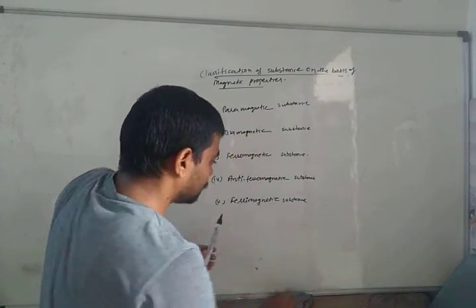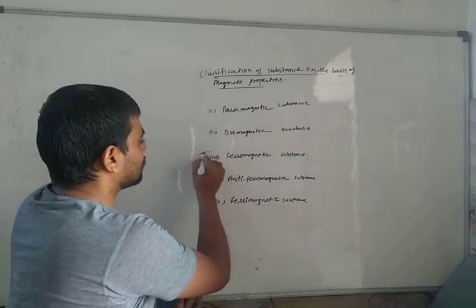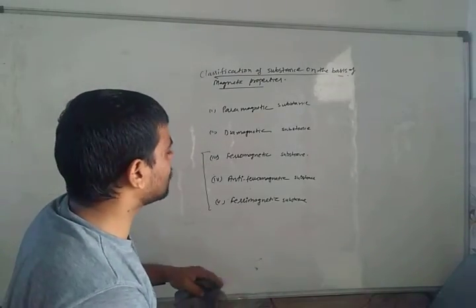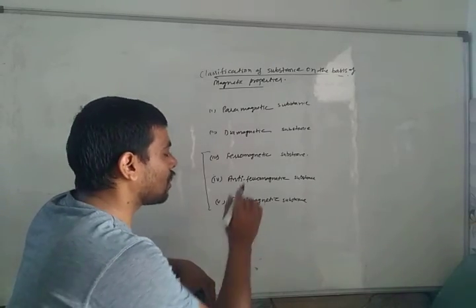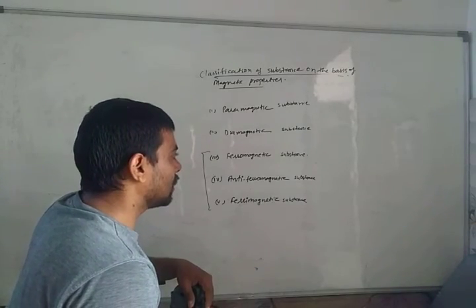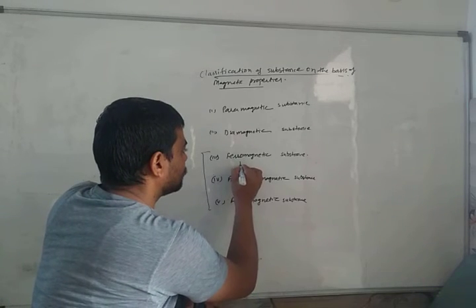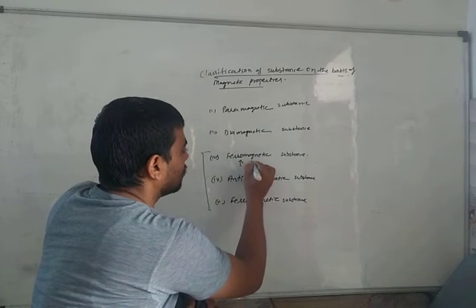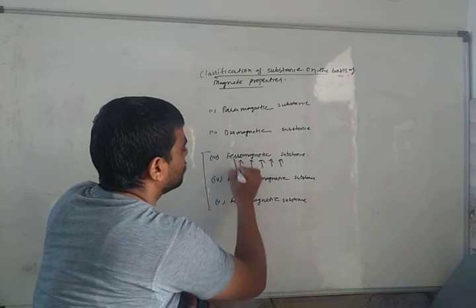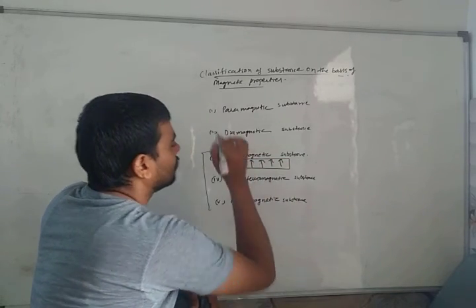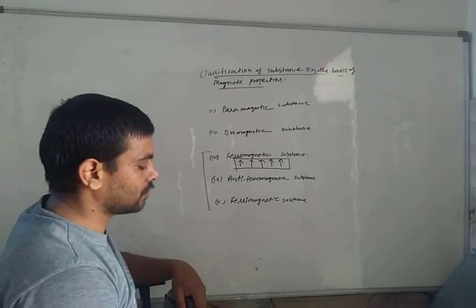So first of all, in these three cases, ferromagnetic substance, antiferromagnetic substance and ferrimagnetic substance, I am just trying to draw a diagram to show how these are relevant. Magnetic domains are aligned in a single direction. This is ferromagnetic substance.